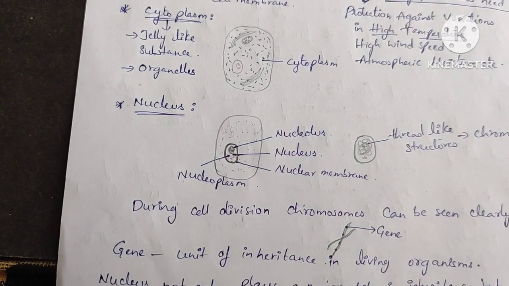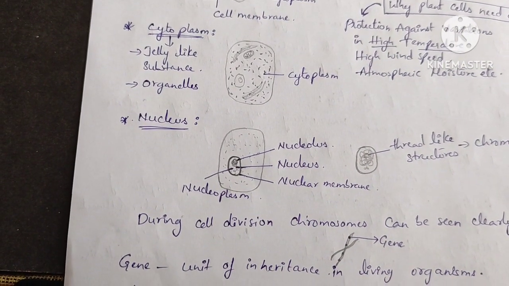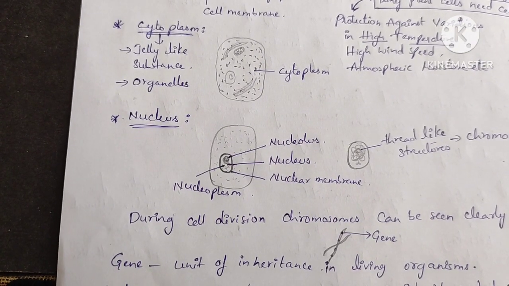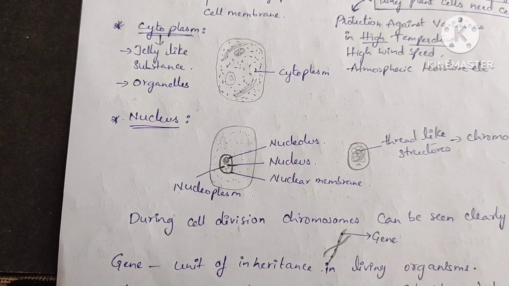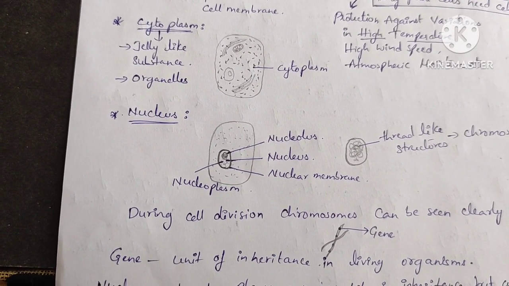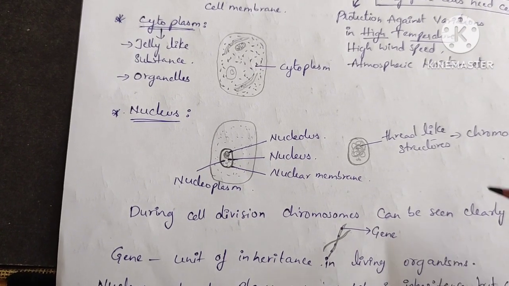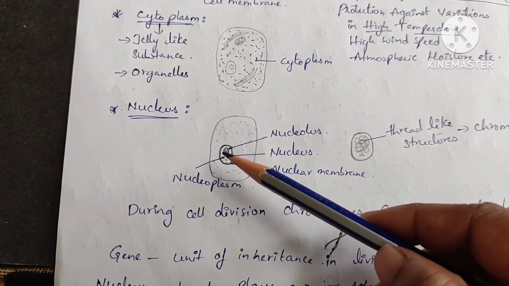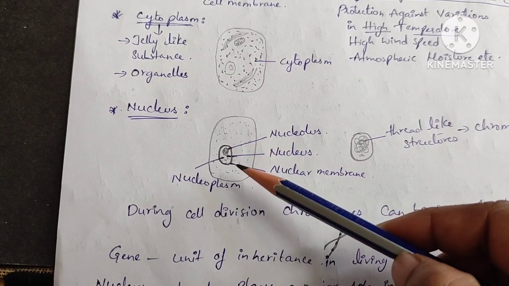If we observe a plant cell, the nucleus is more or less located at the corners of the cell, whereas in animal cells it is located somewhat in the center of the cell. In the nucleus, you can see a membrane around it called the nuclear membrane.